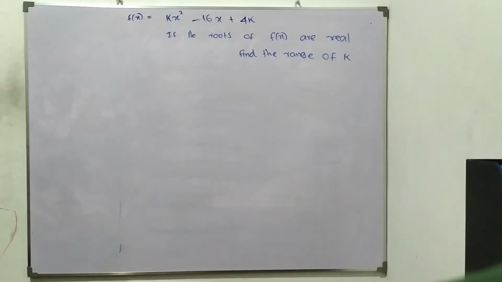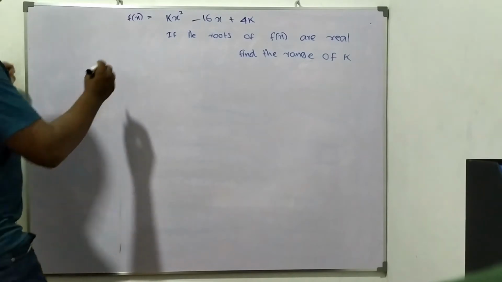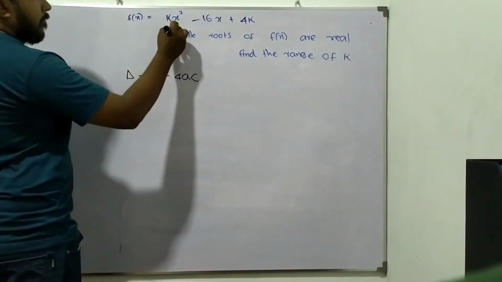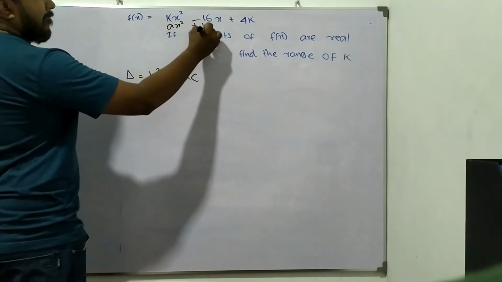Right. So this is my next example. f(x) equals kx squared minus 16x plus 4k. If the roots of f(x) are real, find the range of k.